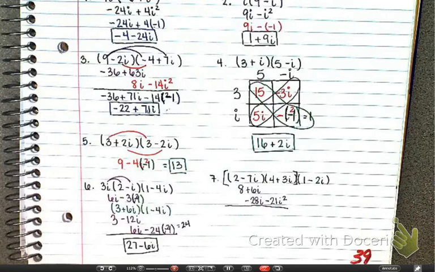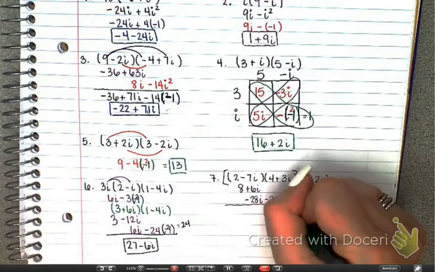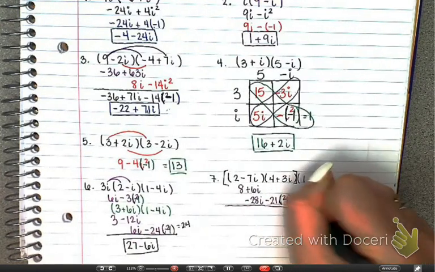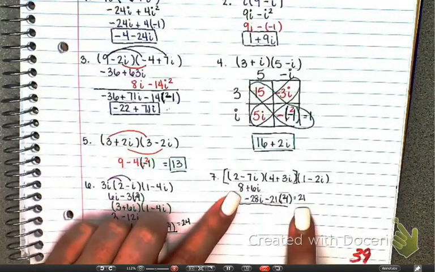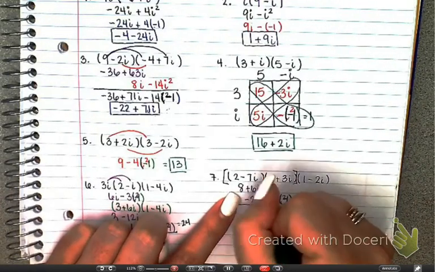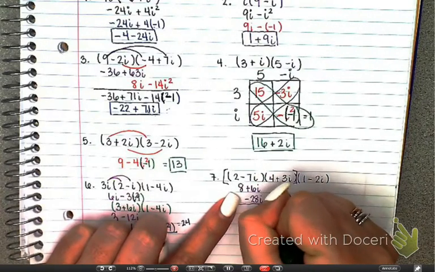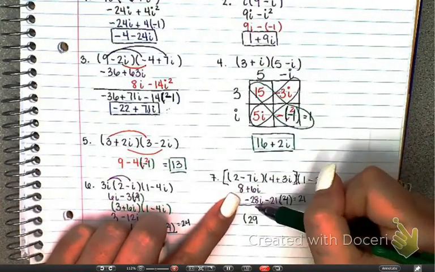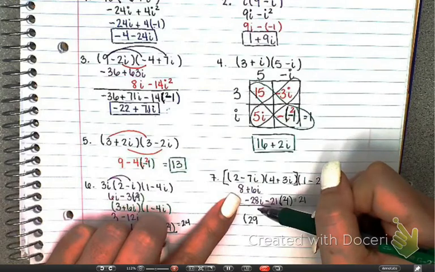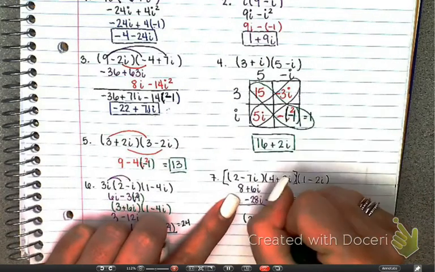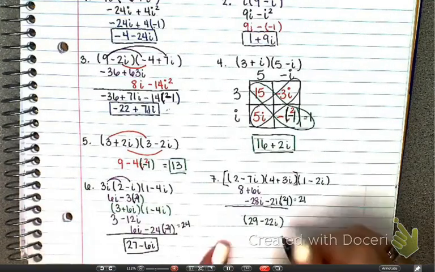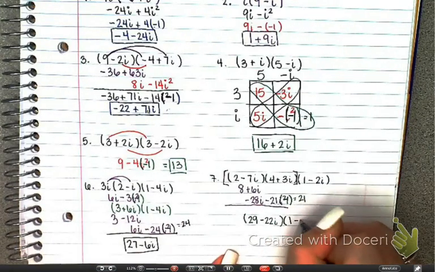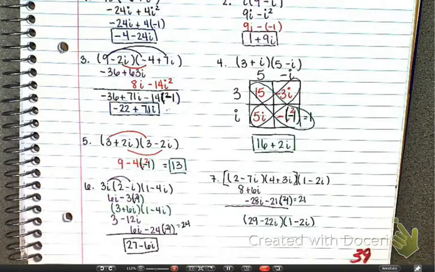What do we replace i squared with? Negative 1. So this is really a positive 21. 8 plus 21, 29. 6 minus 28, negative 22i. So that's what's left over. But I still have this set.